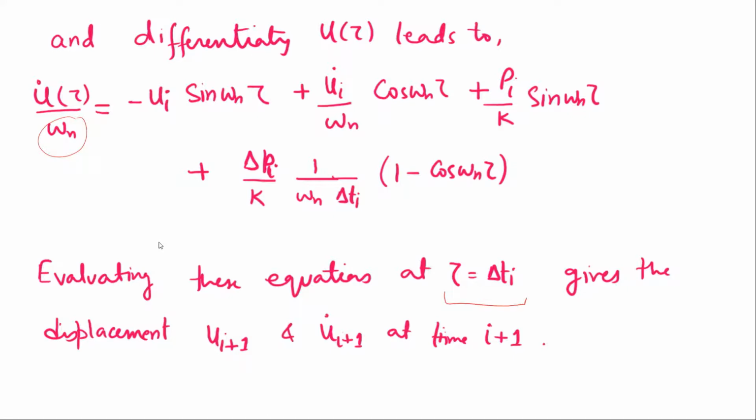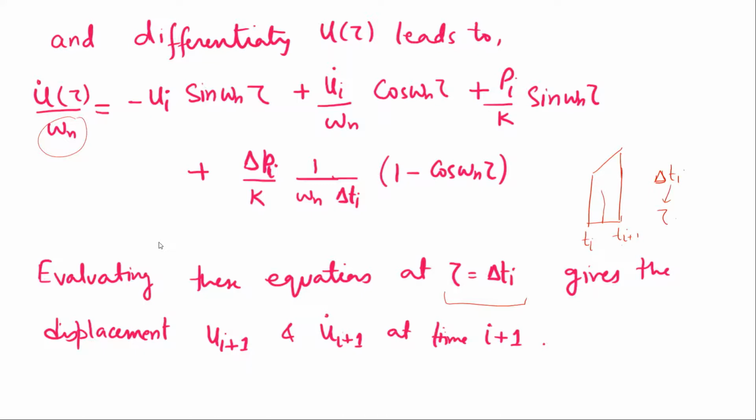So at any point del ti we are solving, it is our ti and our ti plus 1. So we are solving at del ti, which is ti plus 1 minus ti, so anywhere in between. That is our tau.